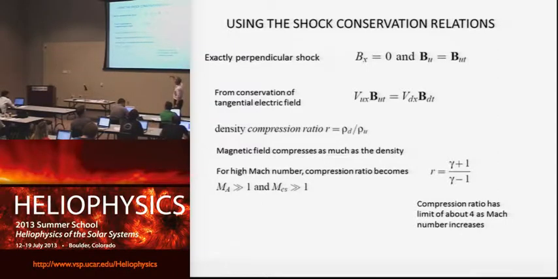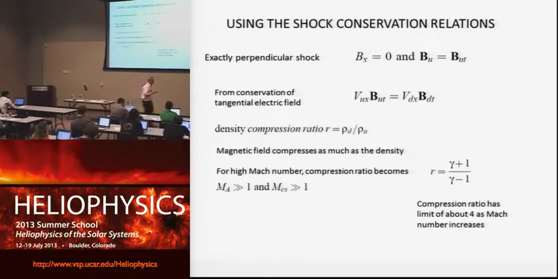Using this, you can also show that the magnetic field compresses as much as the density. So for an exactly perpendicular shock, the change in the magnetic field ratio is the same as the change in the density ratio. So magnetic field and density change in the same proportion.